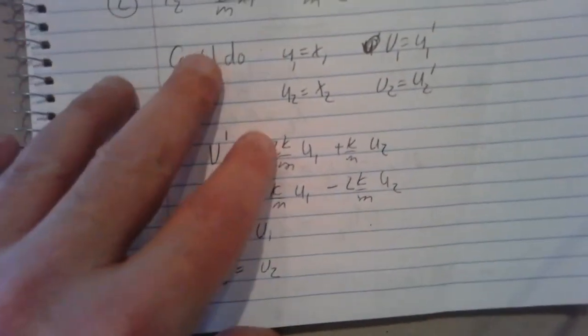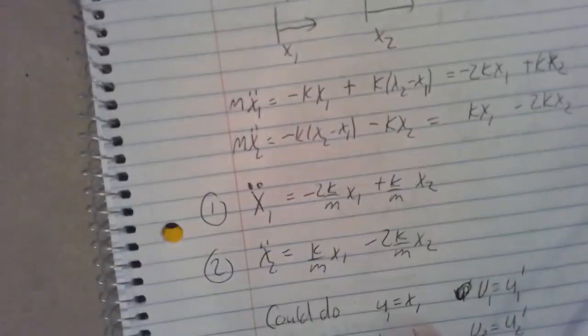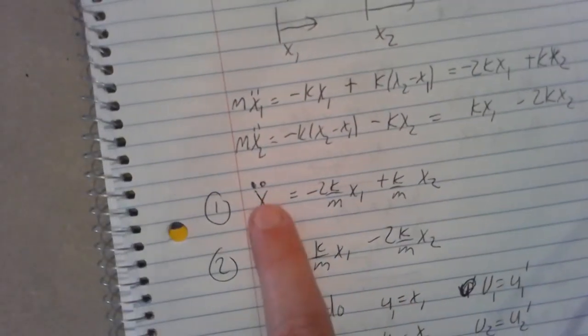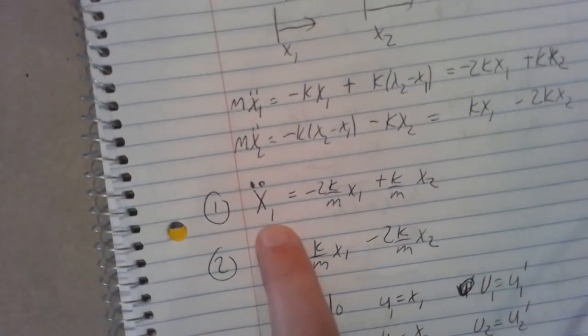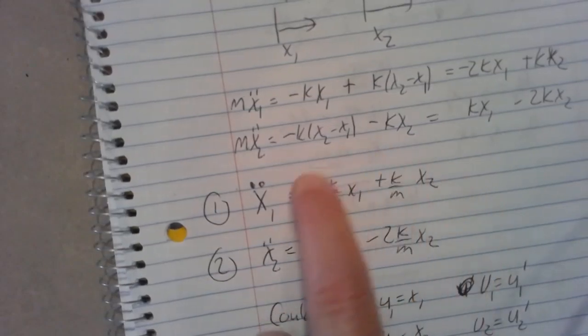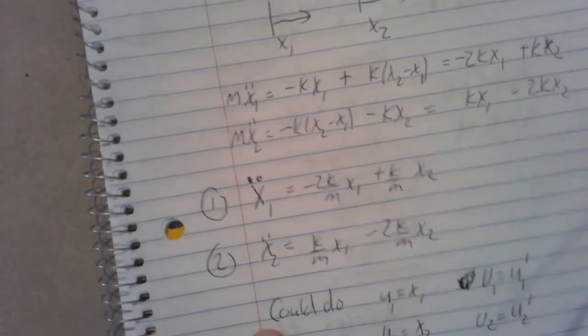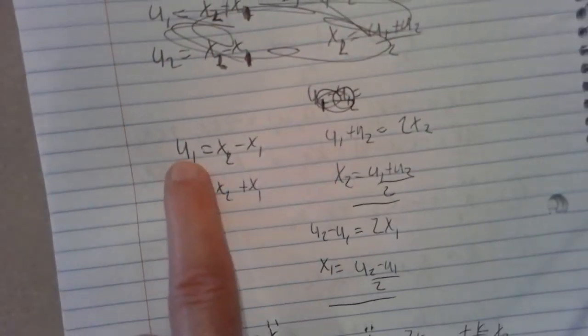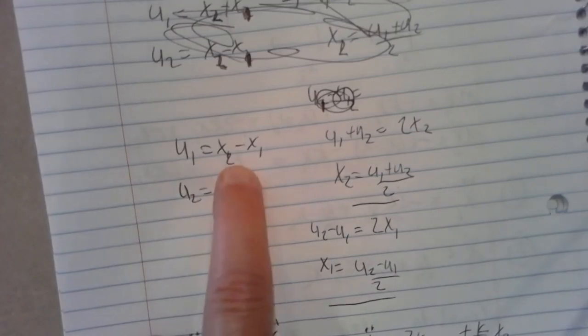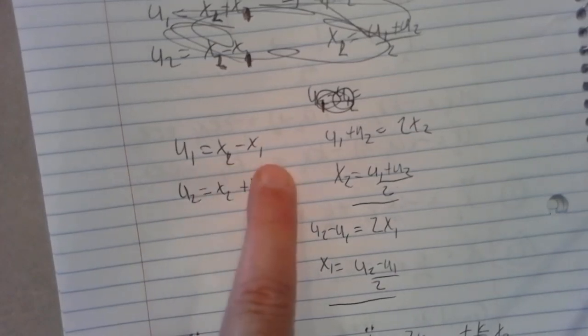But an easier way to do this is to decouple the system. If this said x1 double prime is some function of just x1, I could just integrate a couple times and be done. And that's what we're going to do. So we're going to decouple the system using these substitutions. u1 is the difference in the displacements.